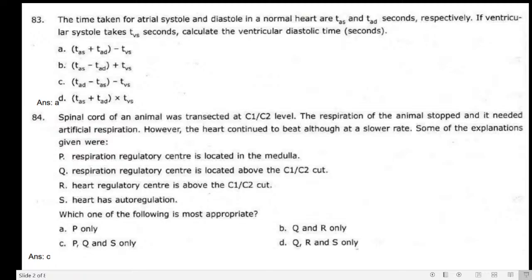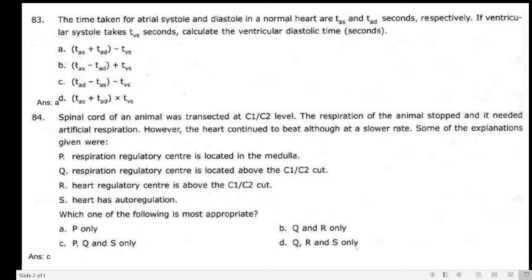Here they provide the systole and ask for the diastole. How can we calculate it? It's a direct question, a 4-mark question asked in a previous year's CSIR paper. It's the easiest one. They provide the ventricular systole and ask for the ventricular diastole.